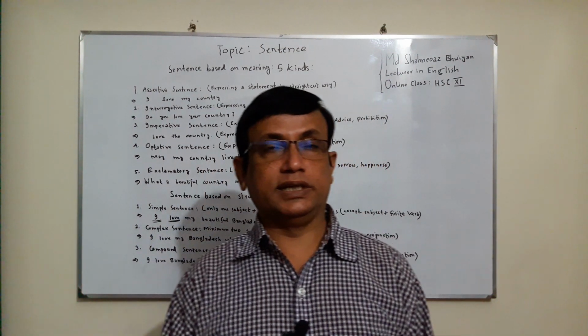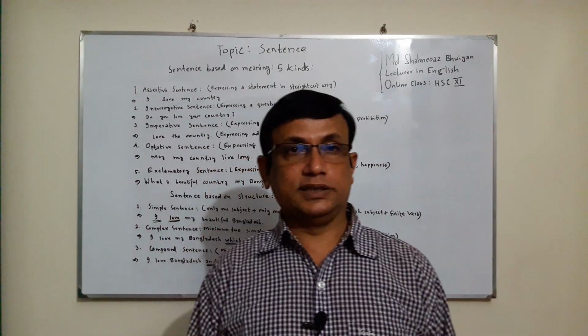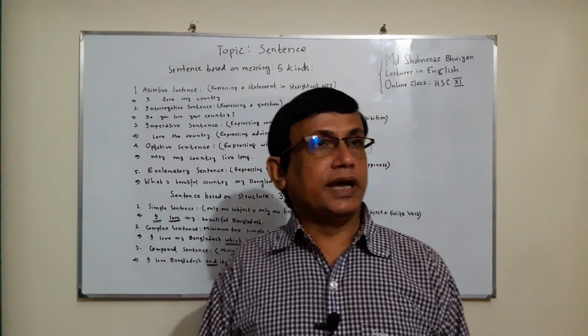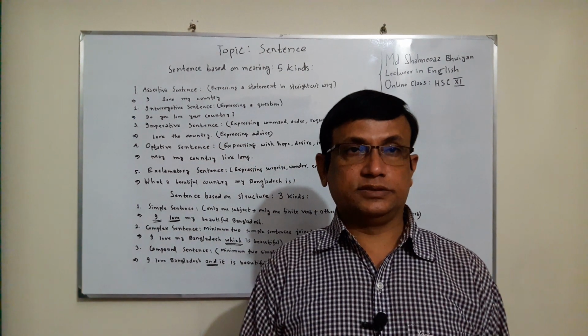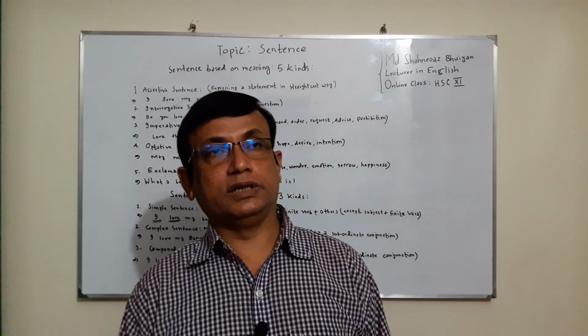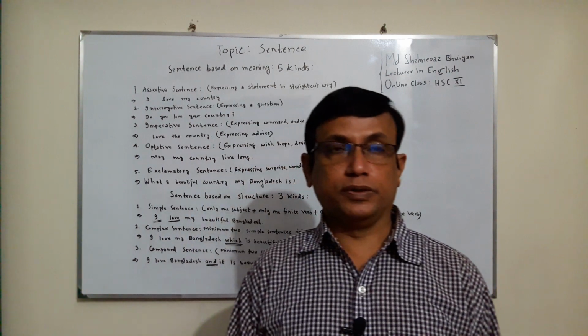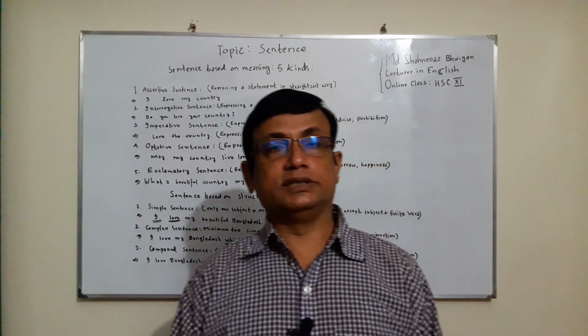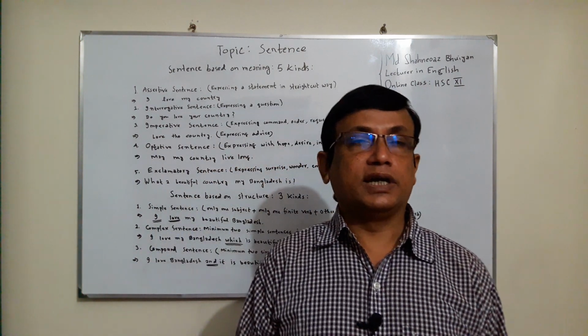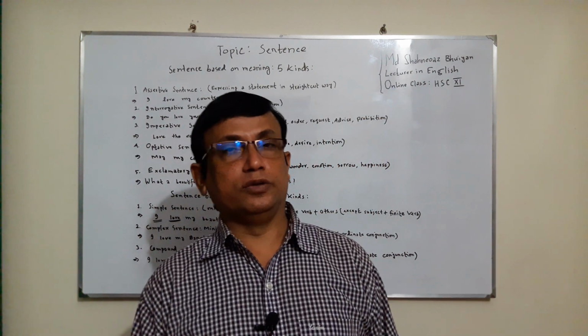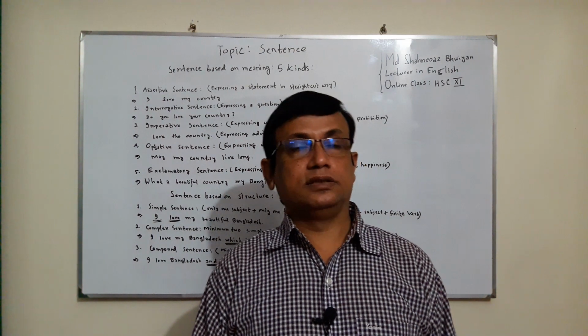So this knowledge can help you to understand them very clearly. And when you learn transformation of sentences from simple to complex, from complex to compound, this knowledge can help you very much.